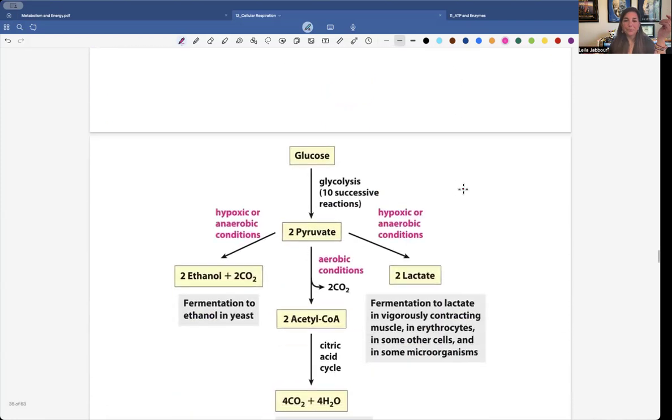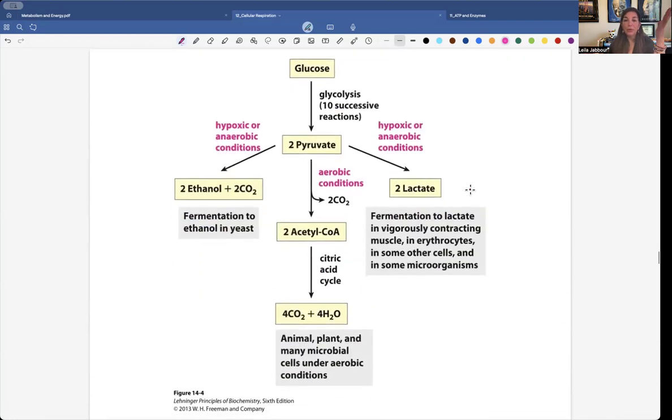Okay. So here's the diagram that goes with the previous slide. From glucose, after a series of chemical reactions, we end up with two pyruvates. This is one 6-carbon molecule. The two pyruvates are two 3-carbon molecules. If we have oxygen, so under aerobic conditions, we will end up with acetyl-CoA.